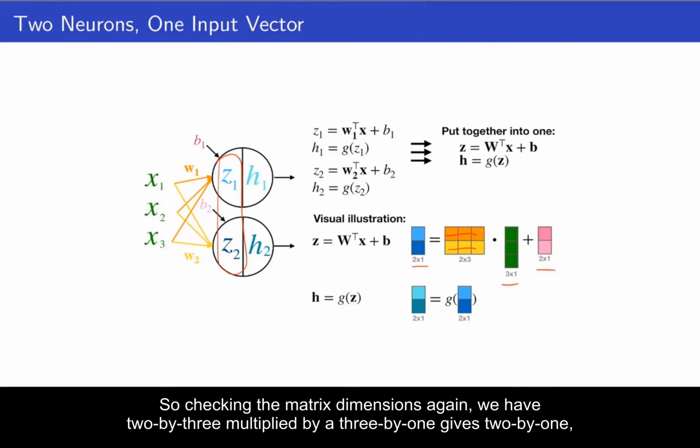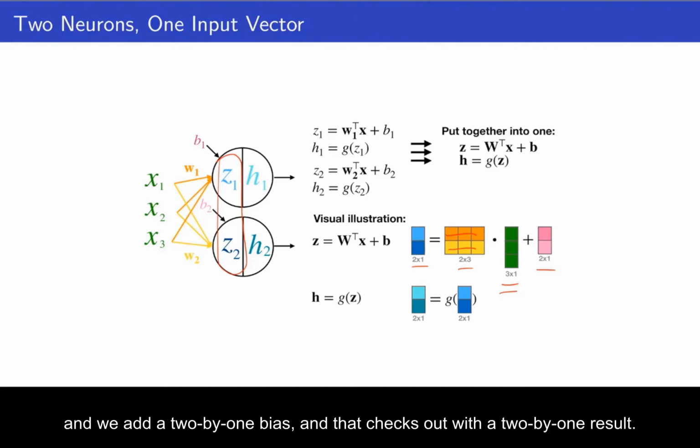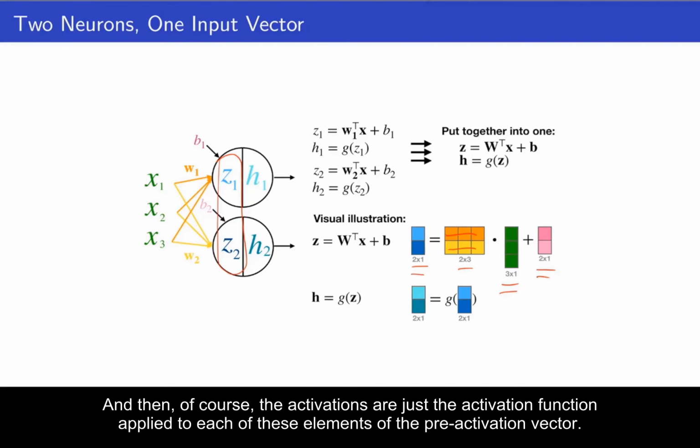Checking the matrix dimensions again, we have 2 by 3 multiplied by 3 by 1 gives 2 by 1, and we add a 2 by 1 bias, and that checks out with a 2 by 1 result. And then, of course, the activations are just the activation function applied to each of these elements of the pre-activation vector.